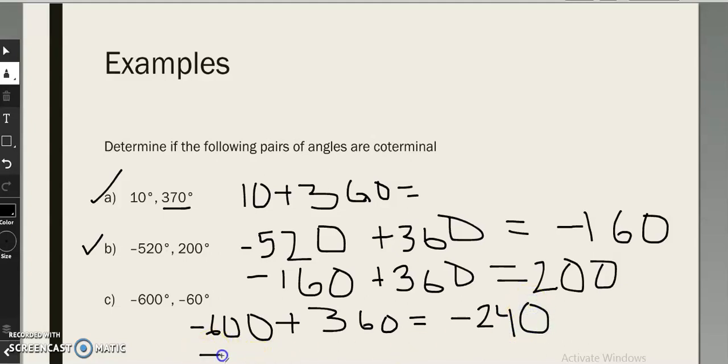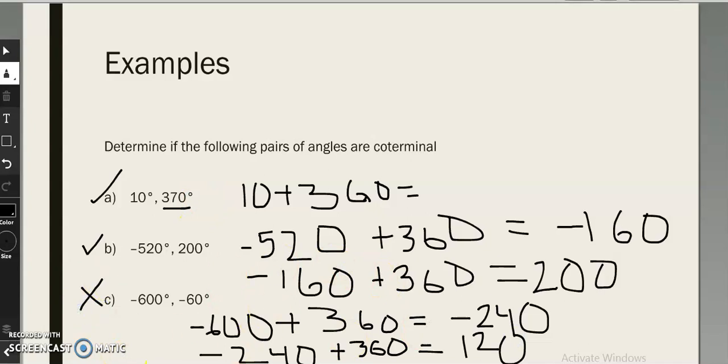So I'm going to add 360 again, and I get 120. Of course, there are multiple ways you can do this. This one is not coterminal.